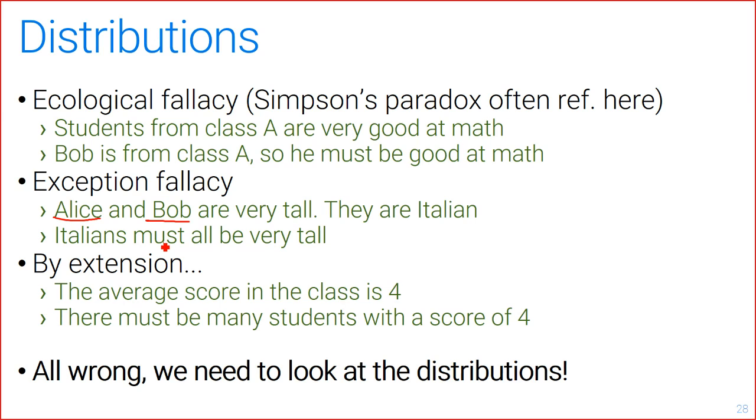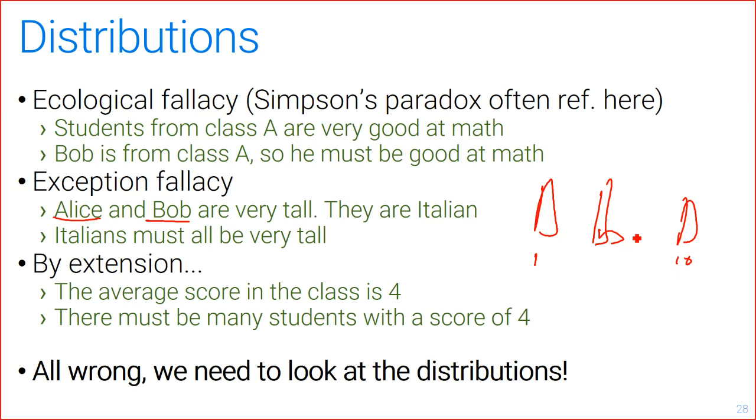And by extension, if we know that the average score in a class is a 4, then we cannot say that there must be many students with a score of 4 or 5. We know that is the average, but it could be something very different. Imagine you visualize from 1 to 10: you could have all 4s, or you could have many numbers there and a few there, and the average be 4.